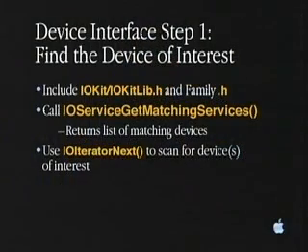This basically allows you to find all of the instances of IOSCSIDevice or all the instances of IOUSBDevice. And you can provide some further match criteria that is driven actually very similarly to the way driver matching works. But basically, you find the devices of interest, and you get a list back, and you use IOIteratorNext to actually walk through that list. And when you find the device you're interested in, you make note of it.